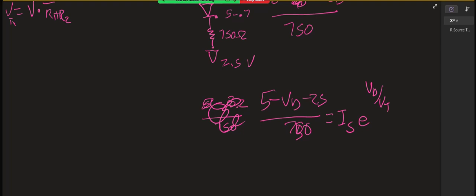Do y'all not know how to do that? Do y'all have graphing calculators? How many of you have graphing calculators? Most of you? Yeah. So all you have to do is put one equation in y1 and the other in y2 and find out where they intersect. You put one side in y1, one in y2.